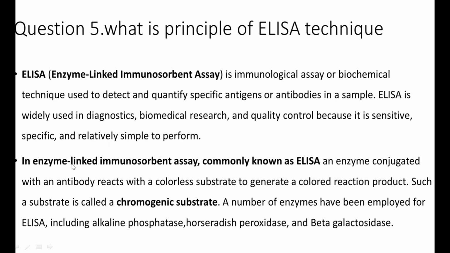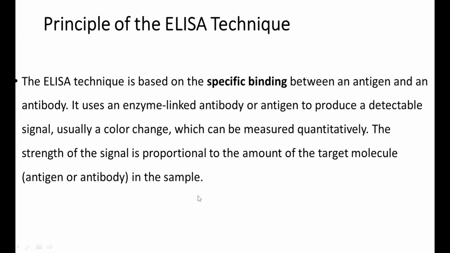In the enzyme-linked immunosorbent assay, we use an enzyme conjugated with the antibody, which reacts with a colorless substrate, and when the enzyme reacts with the colorless substrate, it generates a colored reaction product. That substrate is what we call a chromogenic substrate.